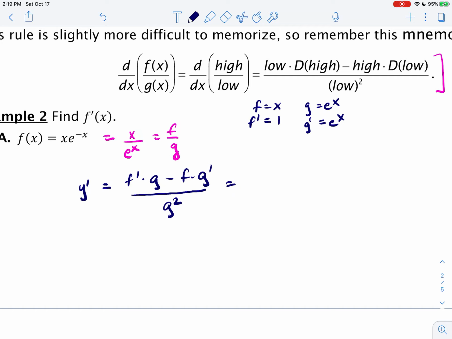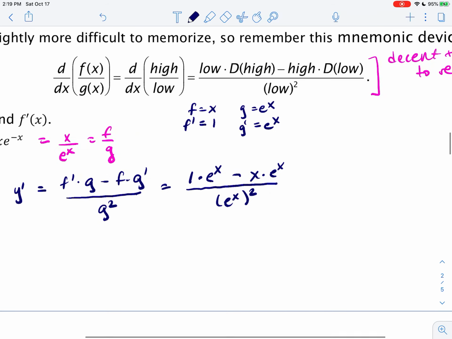And now I'm going to plug in my values. And so the f prime is 1, g is e to the x, minus x times the derivative of e to the x, which is e to the x, all over e to the x squared.